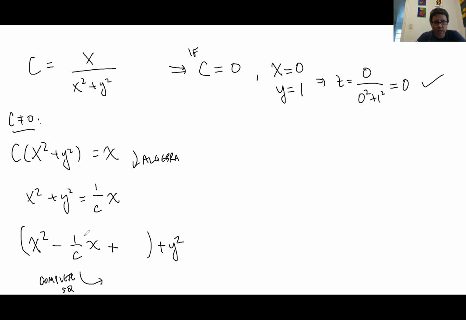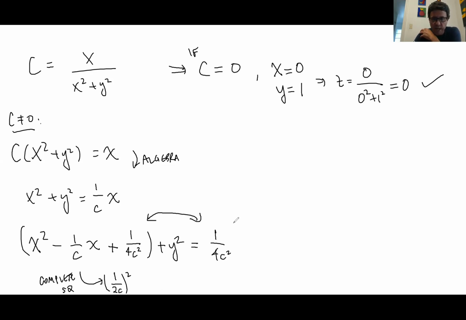So I have to take half of this, so that's 1 over 2c, and then I have to square it. And I have to add that on. So if I square that, I'll get 1 over 4c squared. And if you complete the square and add something to the left, you also have to add it to the right, adding 1 over 4c squared to both sides.